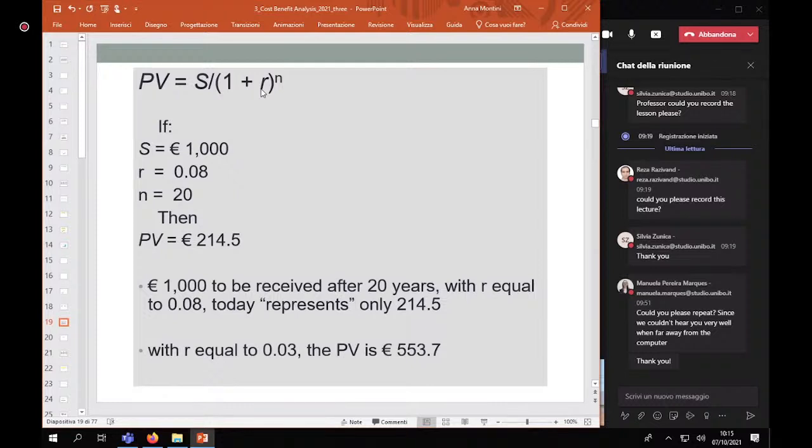With a discount rate equal to zero, you will have an ethical approach, but you will have present values equal to future values. And so it corresponds to not discounting, okay?